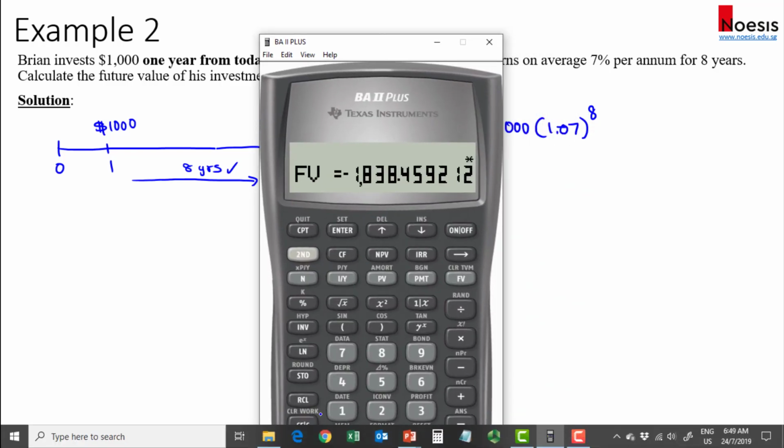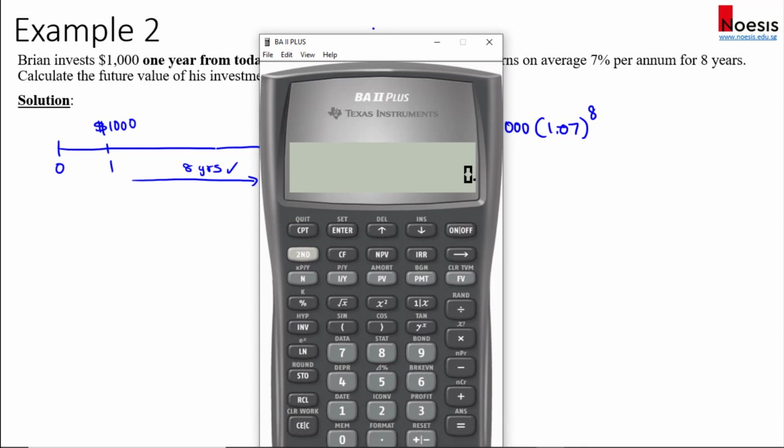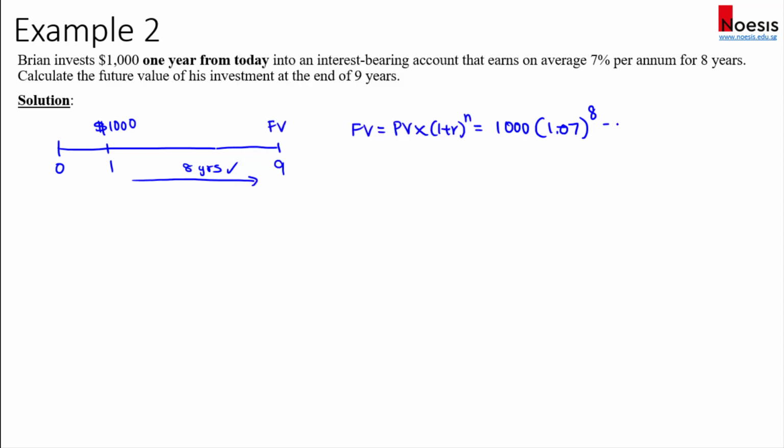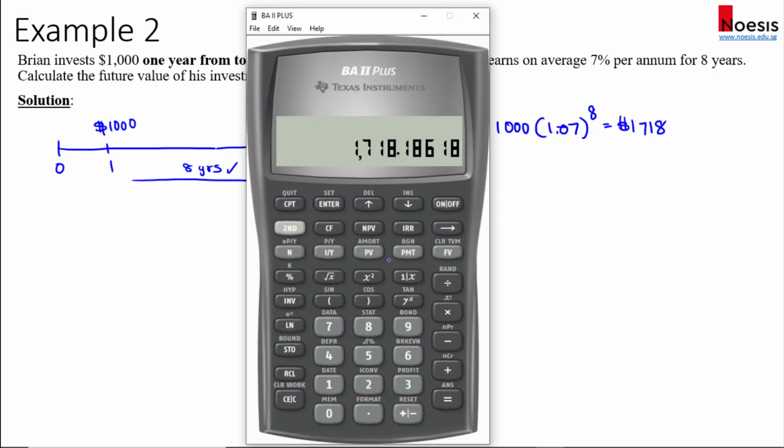So using the calculator, okay, we can then perform the same operation. So we'll press 1000 times 1.07 to the power of 8. So that's equals to 1718. Now, I'll use the time value of money worksheet to compute the same number as a practice.